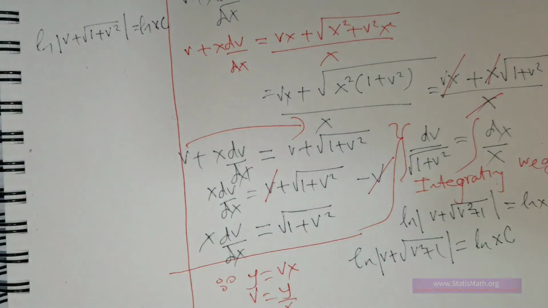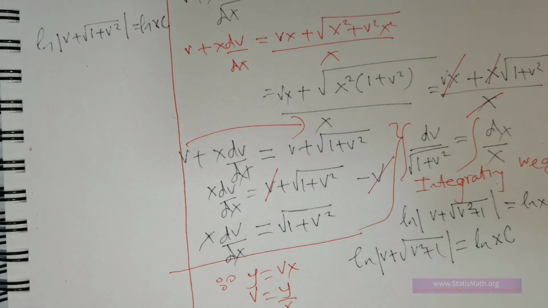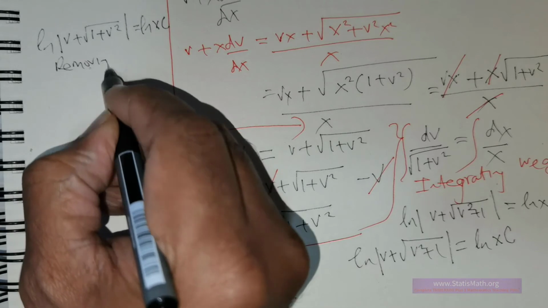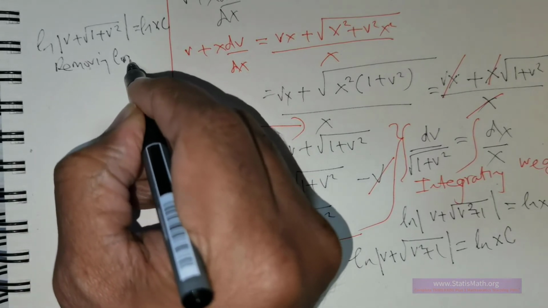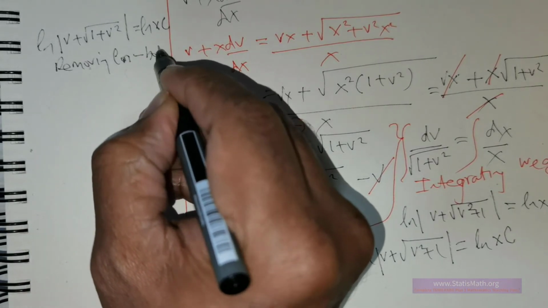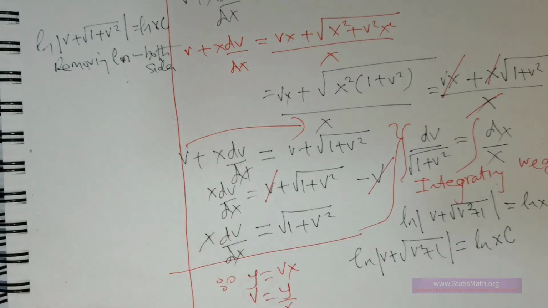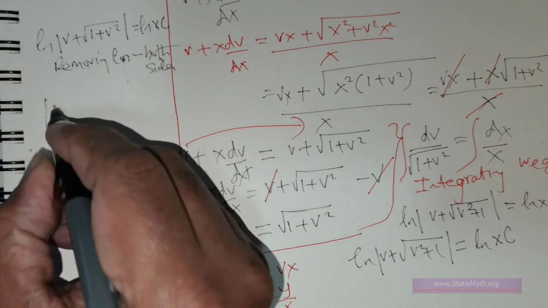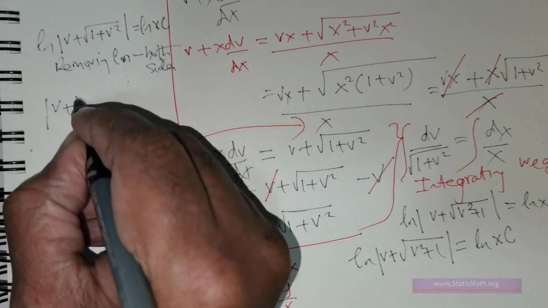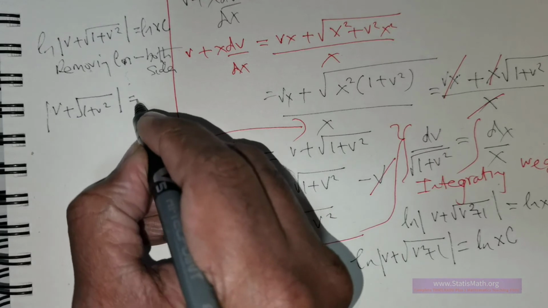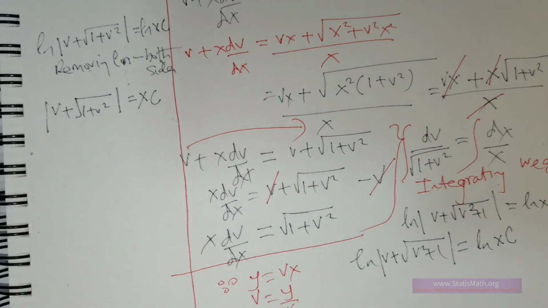This is what we have got. Now removing ln on both sides, you get |v + √(1 + v²)| = xc. This is what you get.